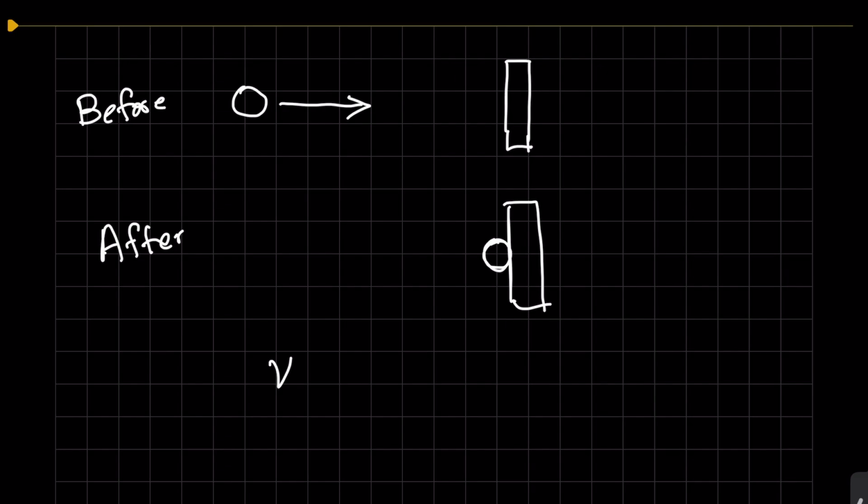So if you have a change in velocity, right? There's a final velocity and an initial velocity. Using the definition of what an acceleration is, we can write that this change in velocity is caused by an acceleration that is applied over a certain period of time.